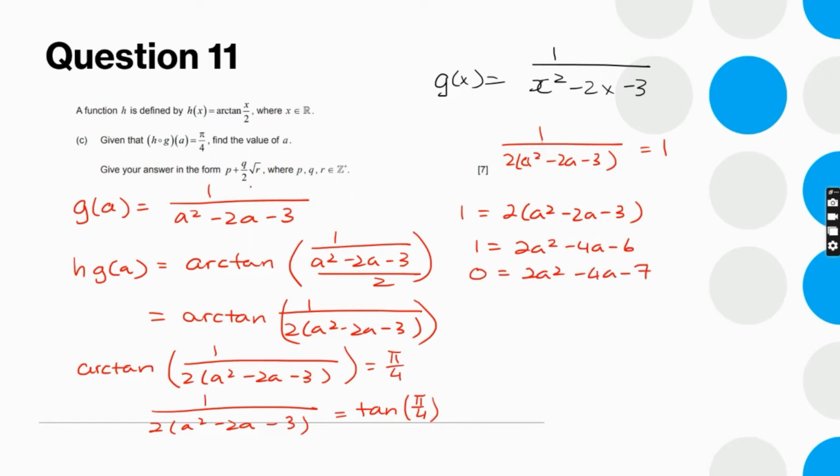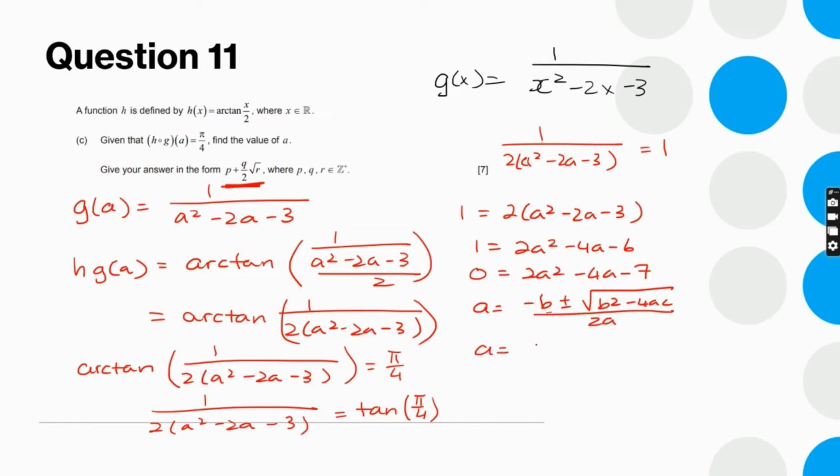Okay, you're supposed to show your final answer is in a surd form, p plus q over 2 root r. So that probably implies that this expression cannot be factorized. So I'm going to use the quadratic formula. You know the quadratic formula: minus b plus minus square root b squared minus 4ac over 2a.